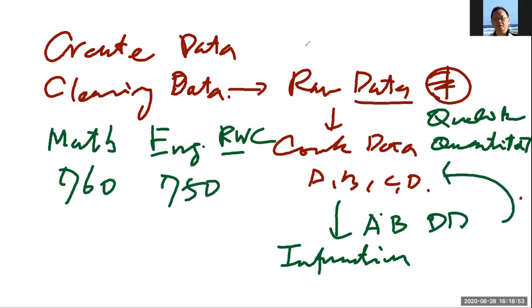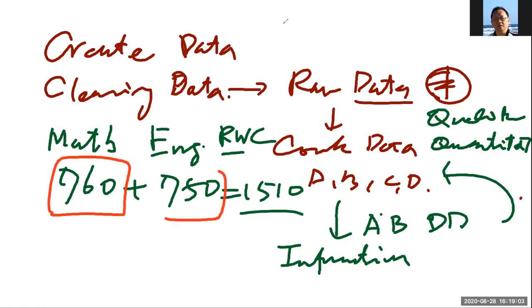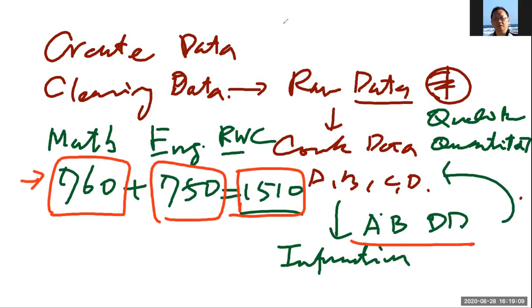And then sum together, that's 1510, right? These three are actually information. They converted from data to information already, a score. And these are first information.